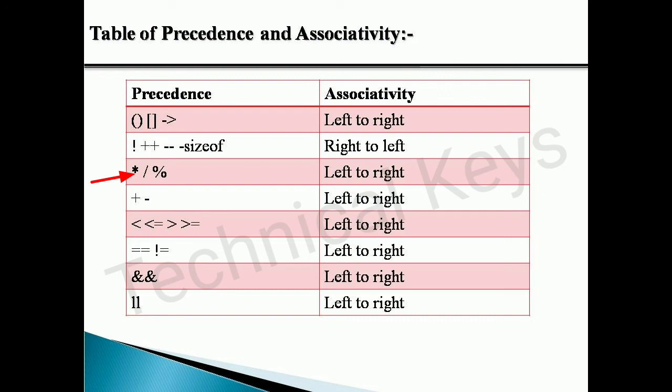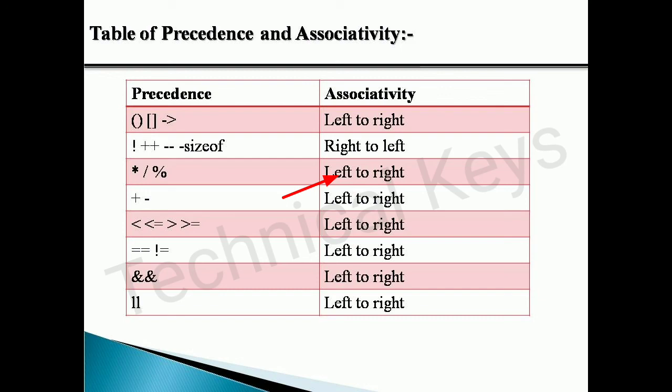The associativity tells us: whichever operator comes on the left-hand side first will be performed first, because my associativity says from this group I have to perform left to right.